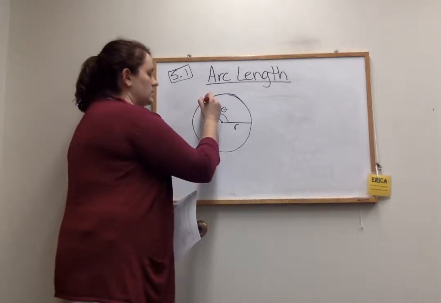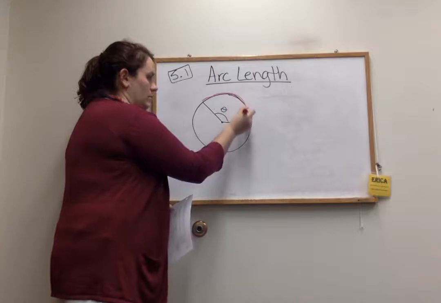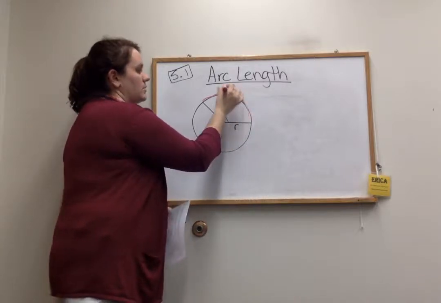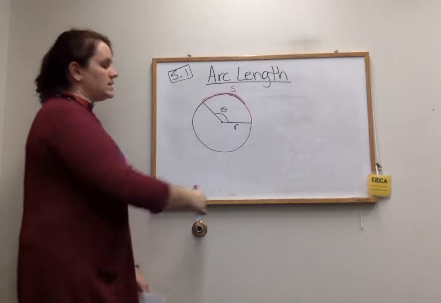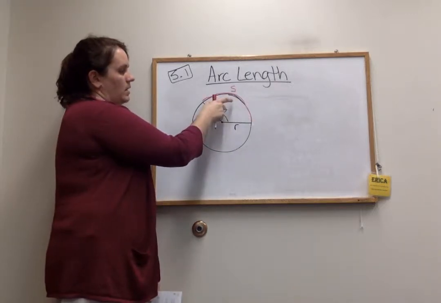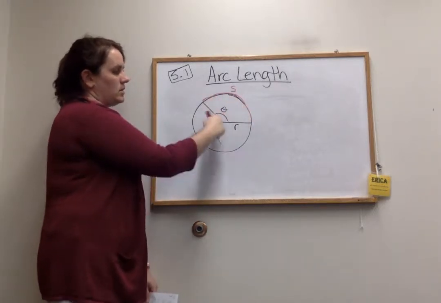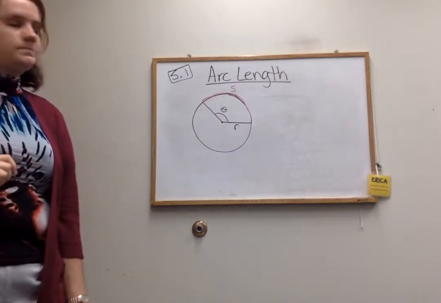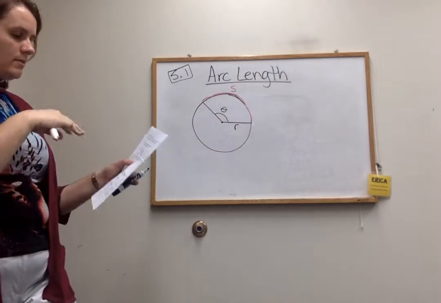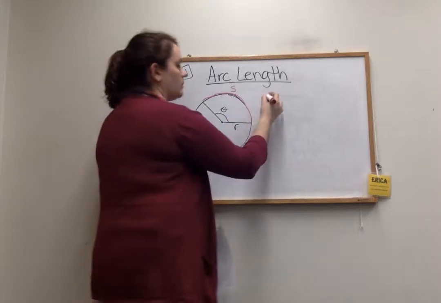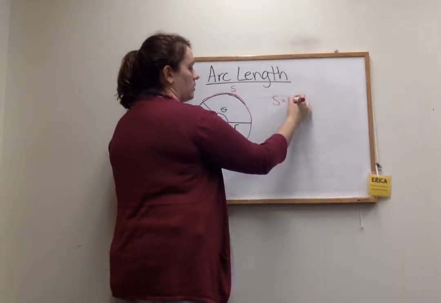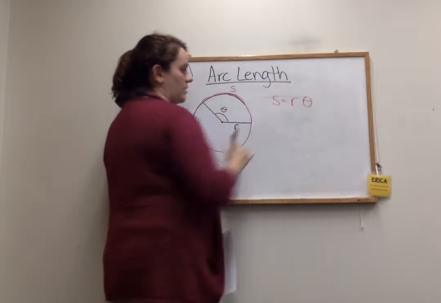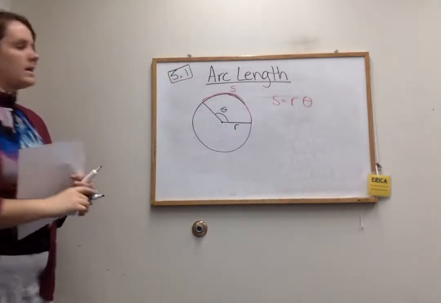This would be the arc length, which is usually represented by the letter S. So it's the distance around the circle that is cut by the angle. And the formula that relates all three of those things together: arc length equals the radius times theta, whatever theta happens to be.